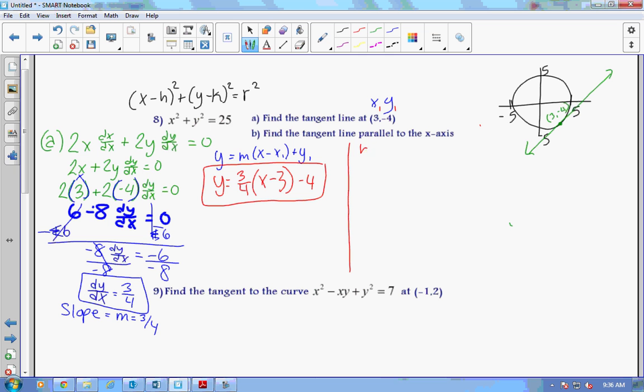Part B, find the tangent line parallel to the x-axis. Can you show me what that line would look like if it's parallel to the x-axis? Where's it going to be? It's going to be flat. Where on the circle do we get a flat slope, or a slope of, what's the slope of a flat line? 0. Where on the circle do we get a slope of 0?